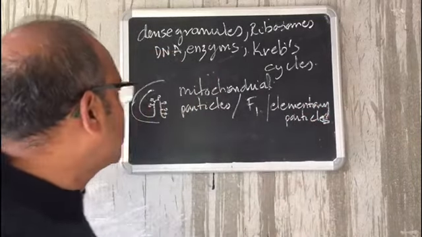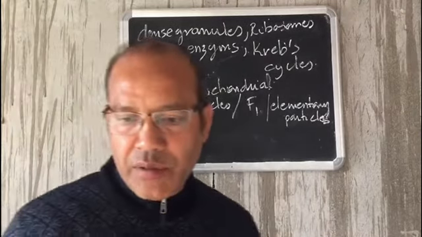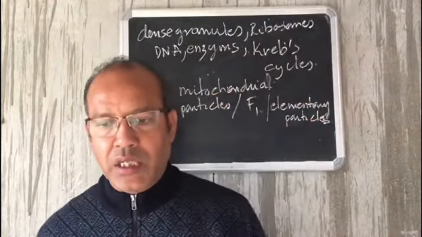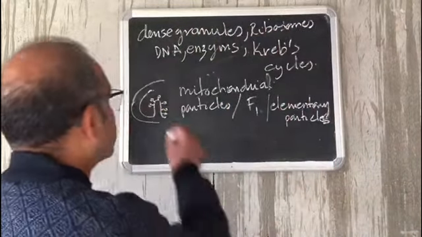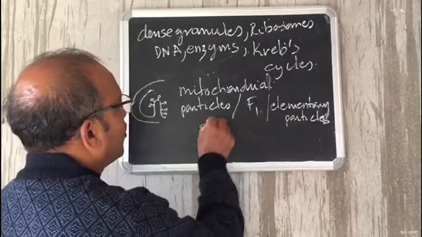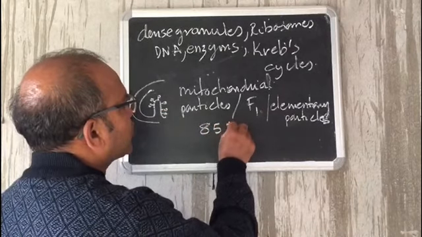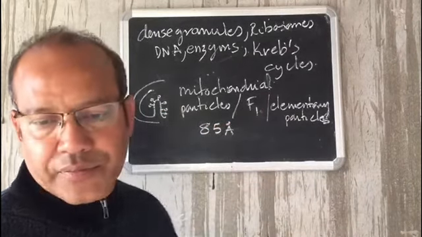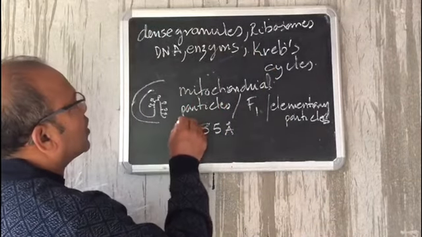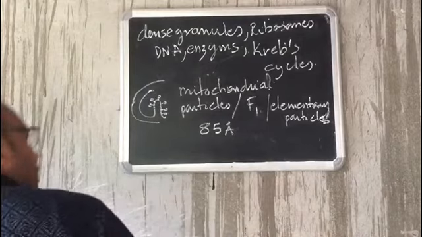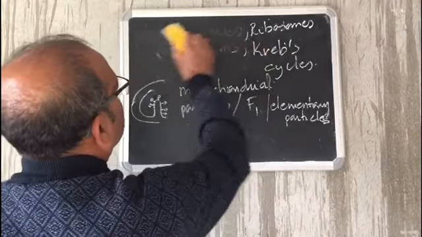These are present on the inner membrane, and the size of these particles is about 85 angstrom units. It is made up of a number of parts. Let's draw it here.